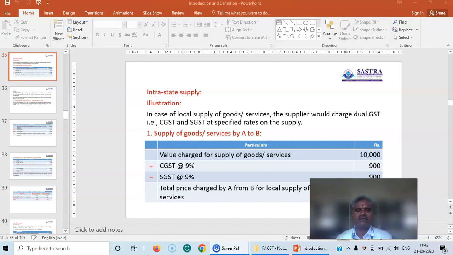When the assessee supplies or transfers goods from one place to another, maybe head office to branch or one dealer to another dealer within the state, this is called intrastate supply. It can be done either in the state or in the union territory.